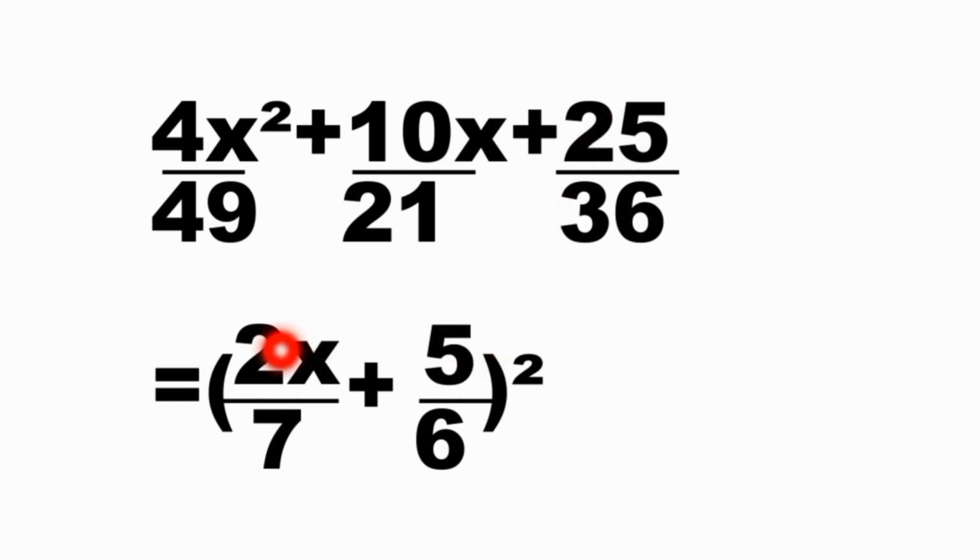It is the product of 2x and 5, but because the numerator has a common factor of 2, we have a 2 in the numerator and a 2 in the denominator, so we cancel out. So that's it.